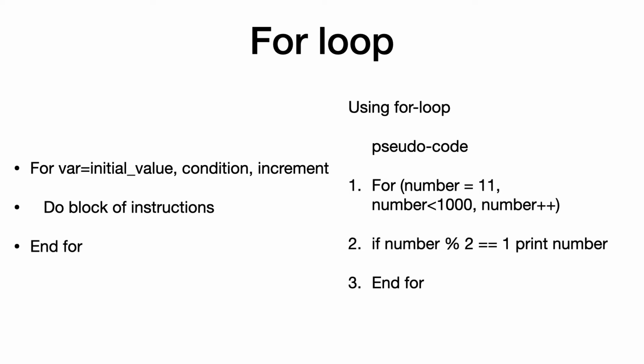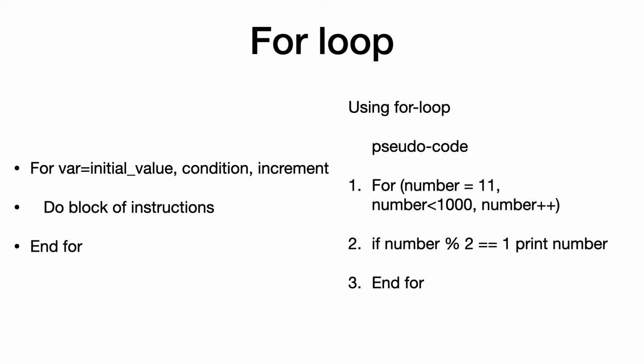As you can see on the left side, that's the way that we specify it. So we say for variable equal to initial value, then we have the condition that we want to check all the time before we execute the block of instructions, and we also have the increment.